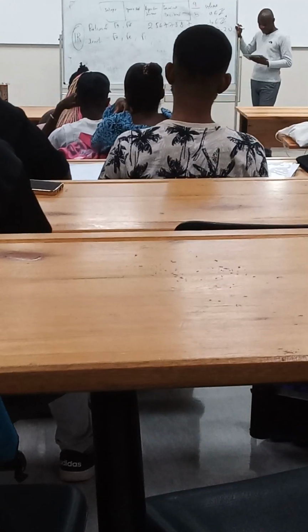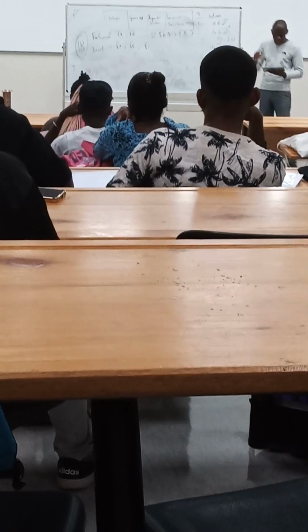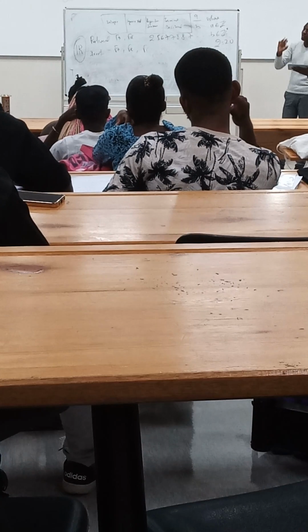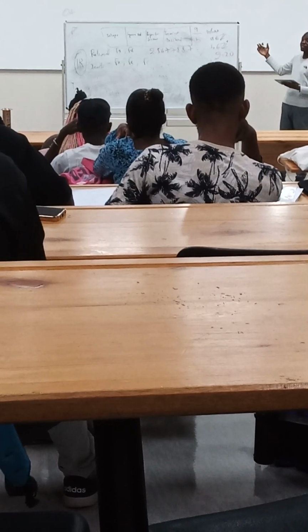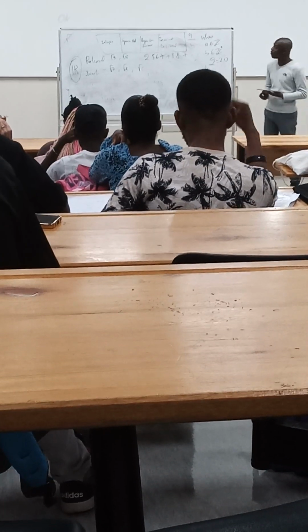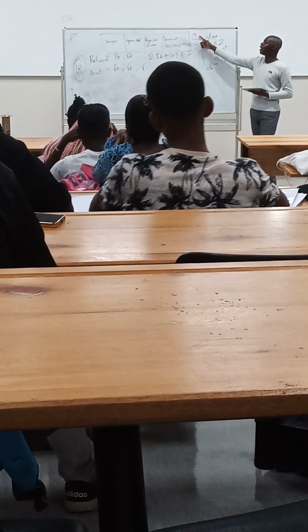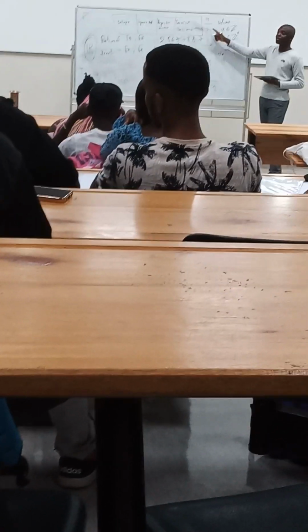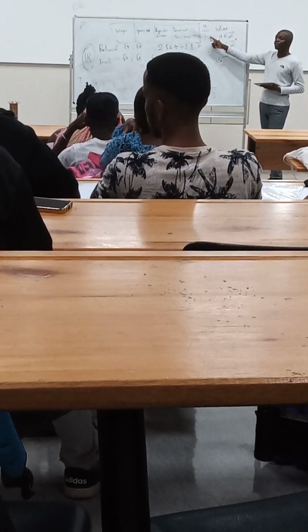So real numbers are either finite decimal expansion or infinite decimal expansion. But they can be written in this form, A over B. As I put it, rational numbers can be written as A over B. I'll give an example. Let's look at this example.